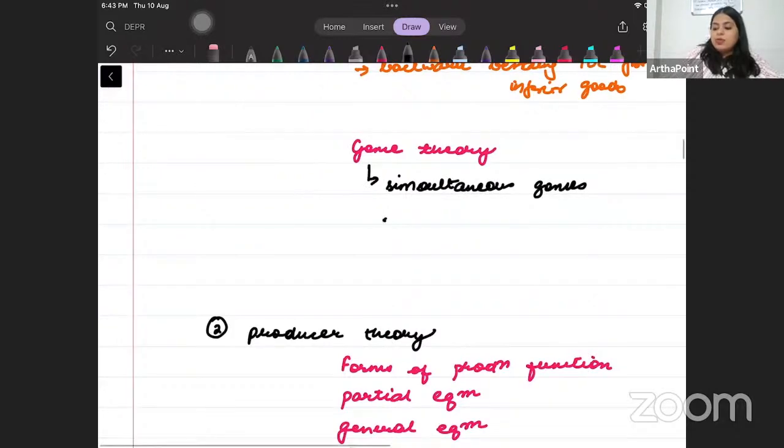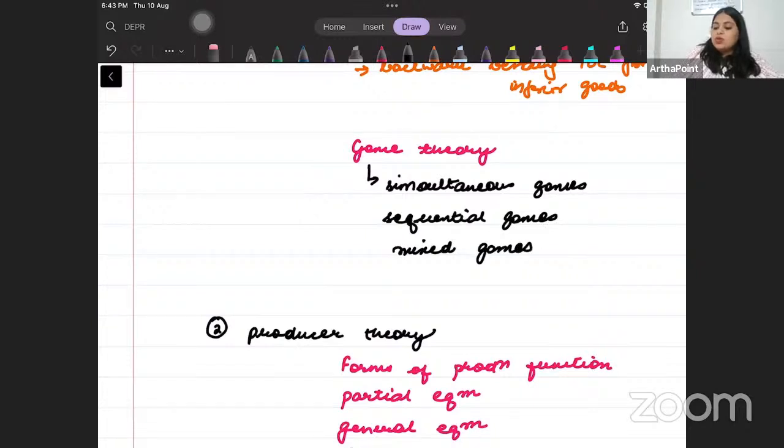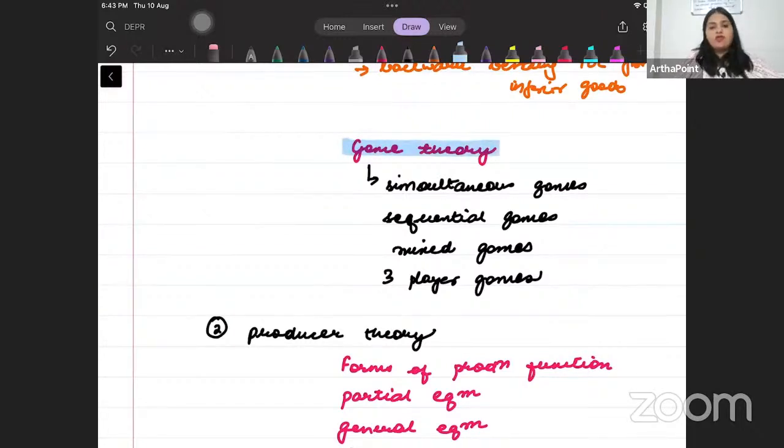You should be aware about sequential games. You should be aware about mixed games. You should be aware about 3-player games. You should be aware about the infinite games. So you should be aware about all these concepts also when it comes to game theory. So game theory is the next topic that you have to cover.